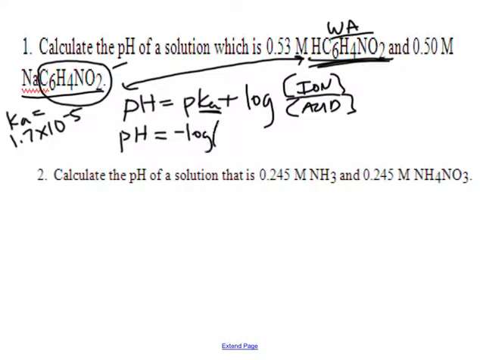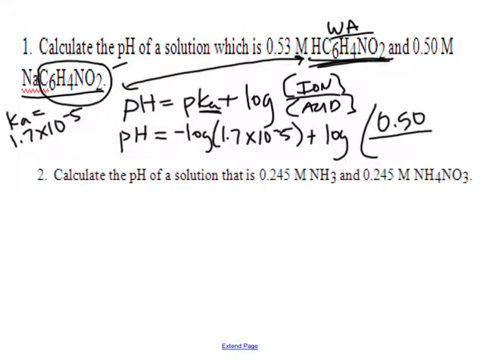Negative log of 1.7 times 10 to the negative fifth plus the log of the concentration of the ion, 0.50, divided by the concentration of the acid, 0.53. And I'm happy with that, 4.74.